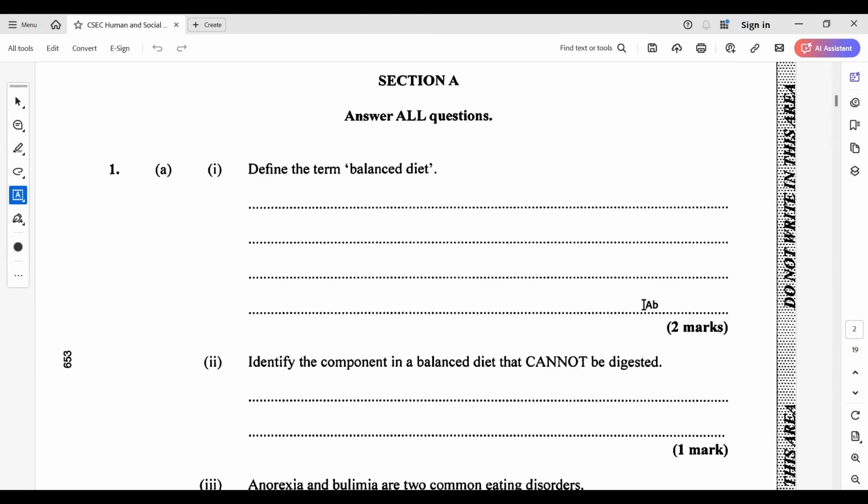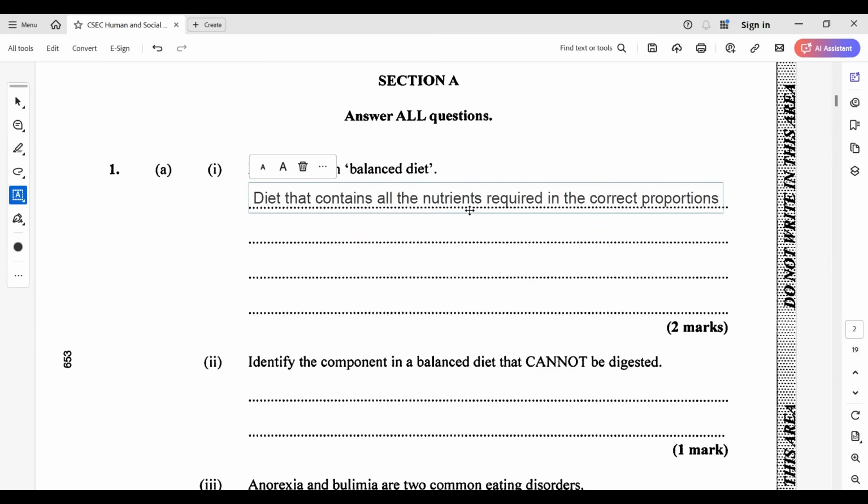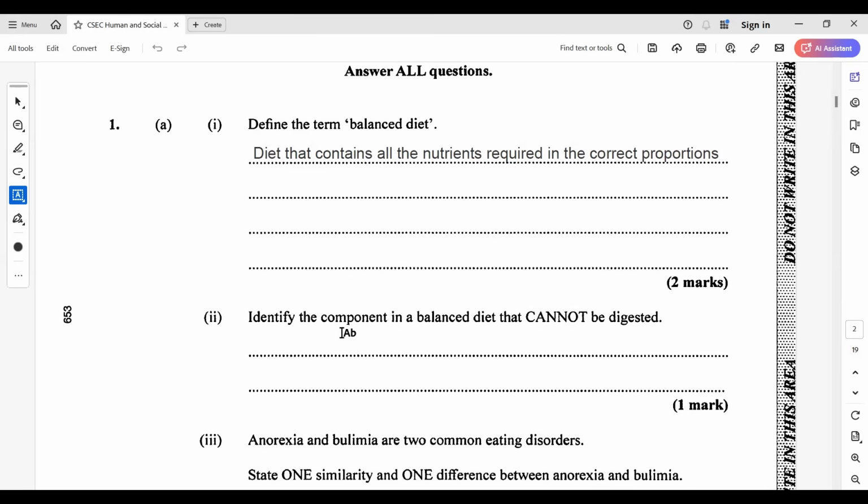And it reads, define the term balanced diet. And we know a balanced diet, you have to have the correct proportions of the nutrients. Yeah. So once you give that, you get your 2 marks. It continues on to ask you to identify the component in a balanced diet that cannot be digested.